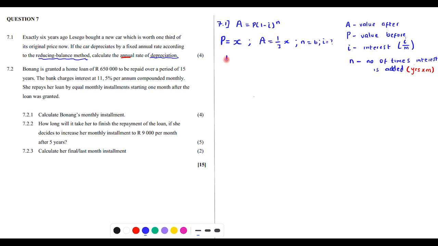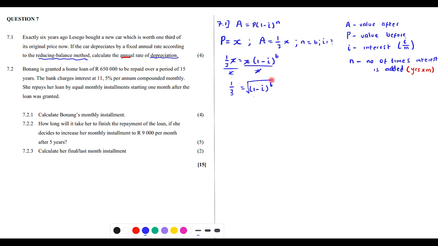So here, we're going to have 1/3 X equals X times (1 minus I) to the power of 6. And then as you can see, the X and the X cancel each other, and we're left with 1/3 equals (1 minus I) to the power of 6.